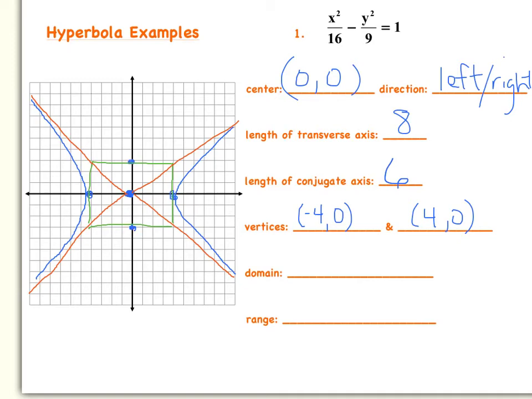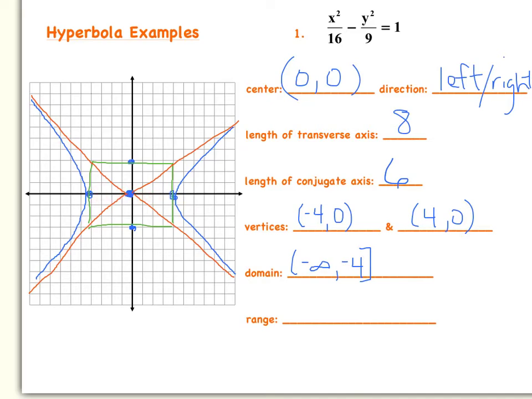Now let's discuss the domain. So if we look on the left side of our graph where the curve is open-ended, that means we're going to start at negative infinity. And then notice, as this curve moves towards the right, it stops right here where x equals negative 4. Now, from here to here is empty space.